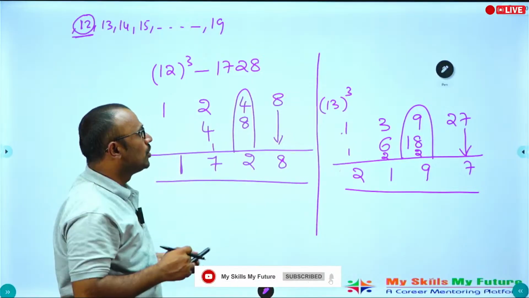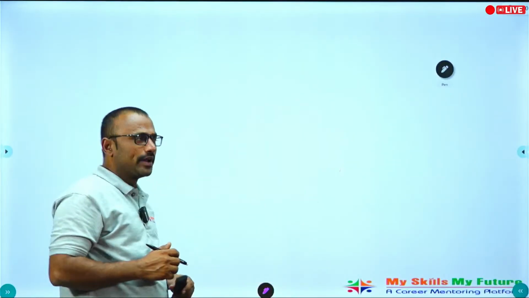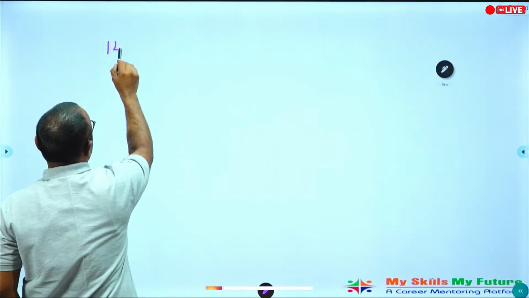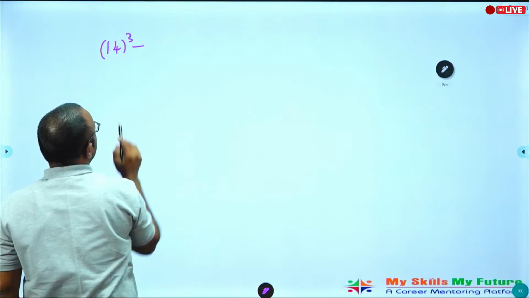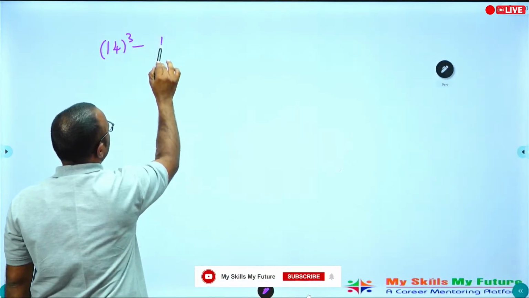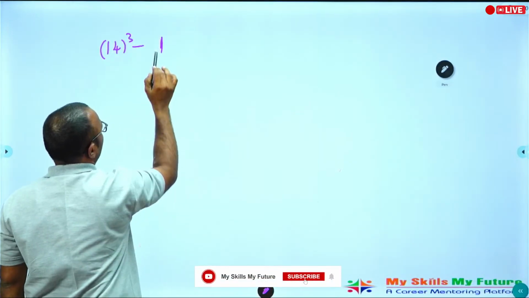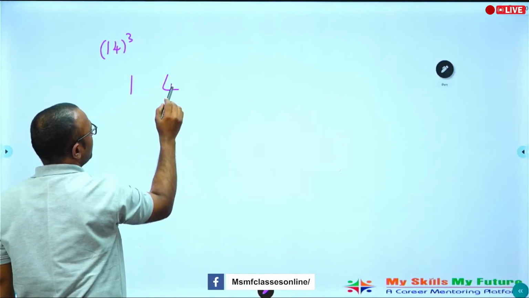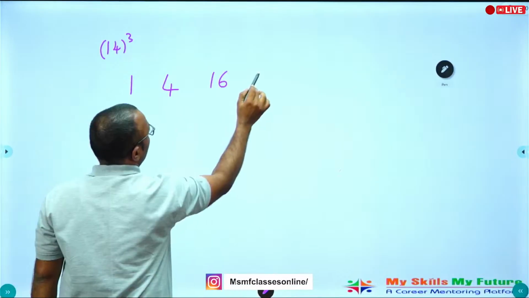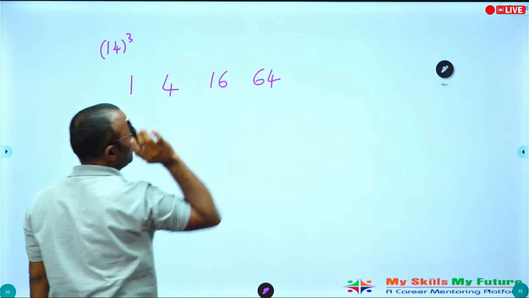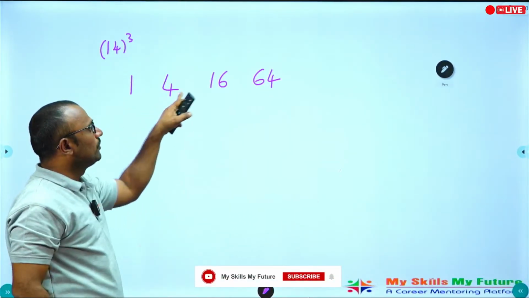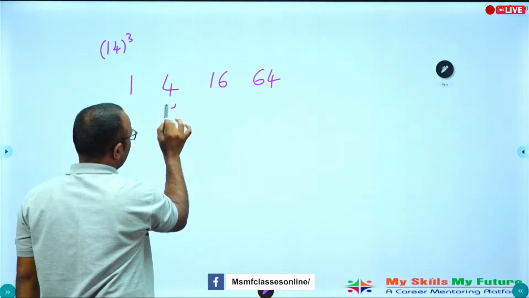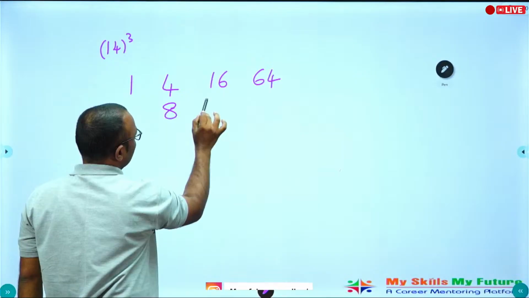One more example. Let us take 14 cube. Just write 1, 4, 4 square, 4 cube. Twice 4 we get 8, twice 16 we get 32.